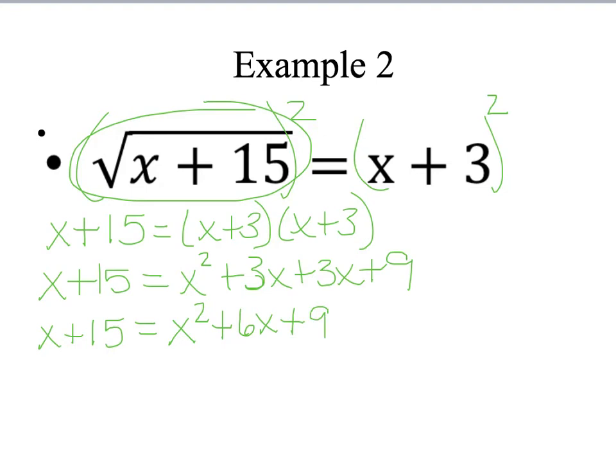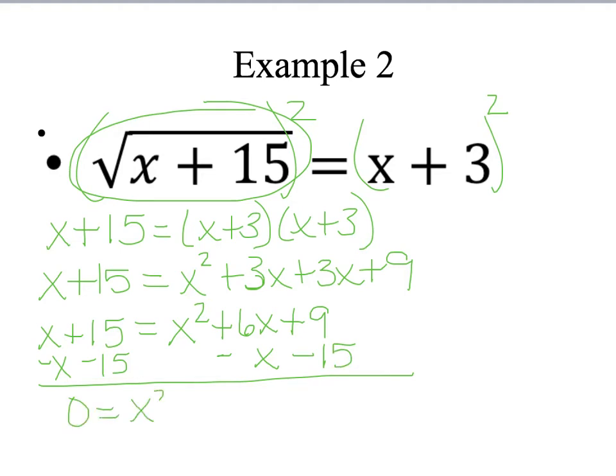And now this is a quadratic, so I'm going to set it equal to 0 by subtracting x and subtracting 15 from both sides. 0 equals x squared plus 5x minus 6.